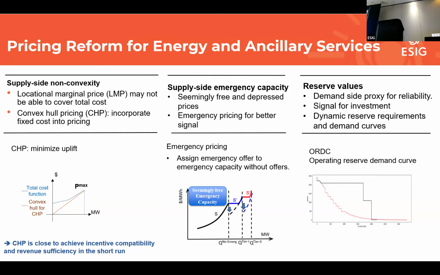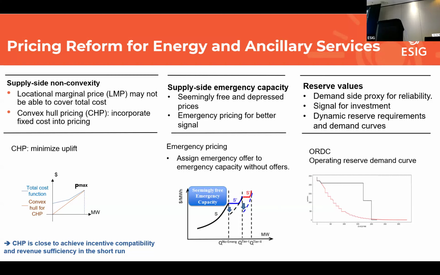And then there's also emergency capacity, or even more broadly, all these out-of-market actions. Sometimes these can cause price depression. It happened in the past that when you have an emergency event, sometimes the price is actually very low just because a lot of these actions are out of market. How do we make sure the market gives the right price signal?